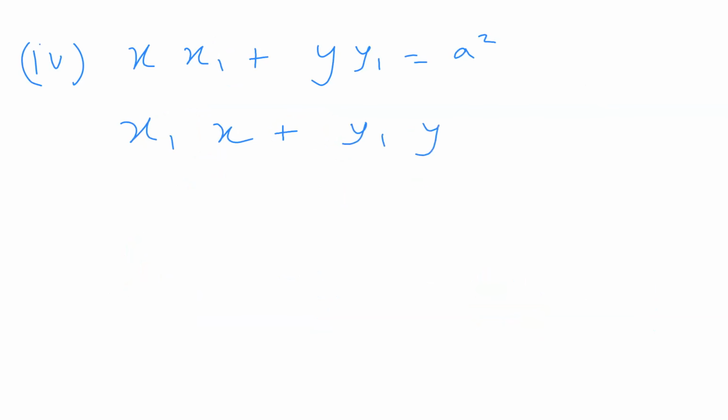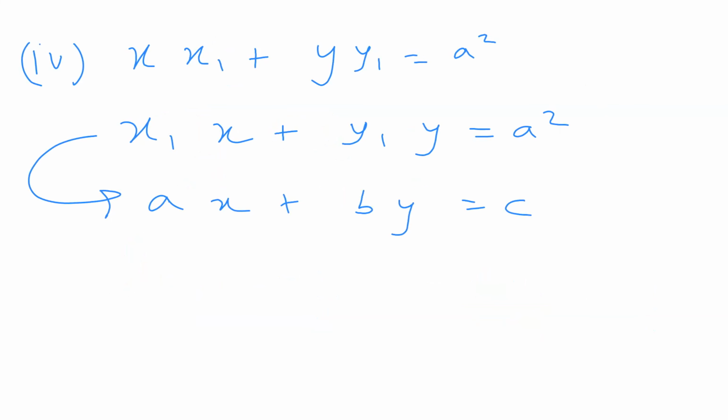Let's go to sub question 4. x1x plus y1y is equal to a square. Okay, so let's format it. Now this is the ax plus by plus c format, the general format of a line.